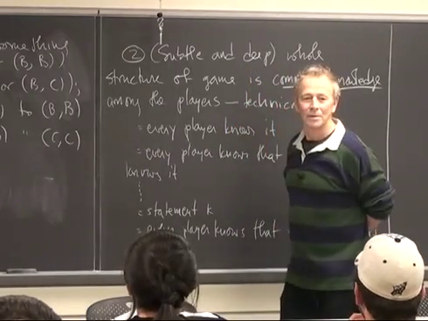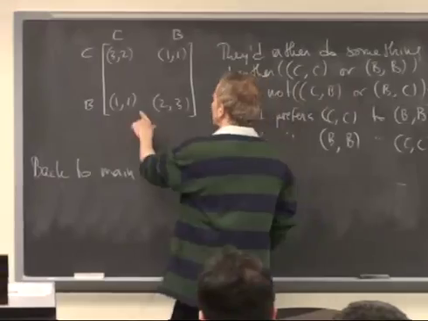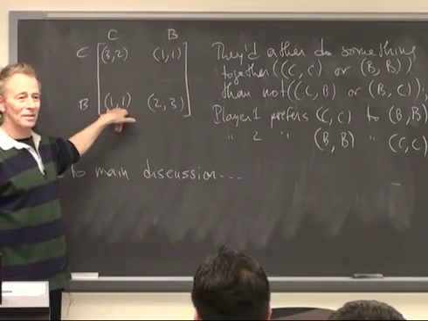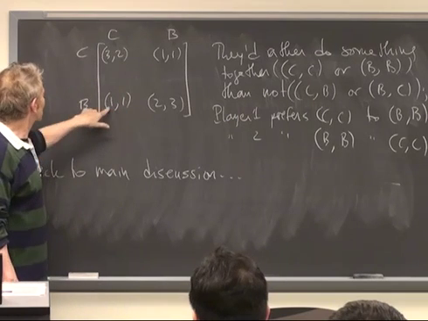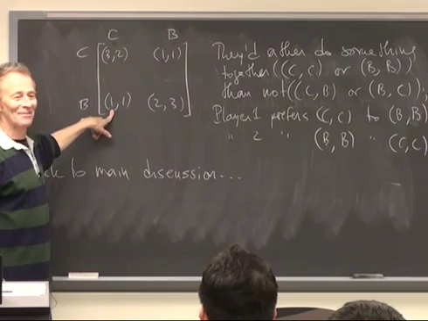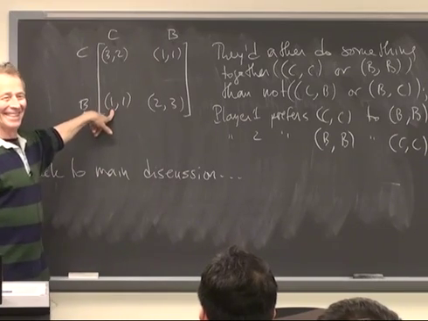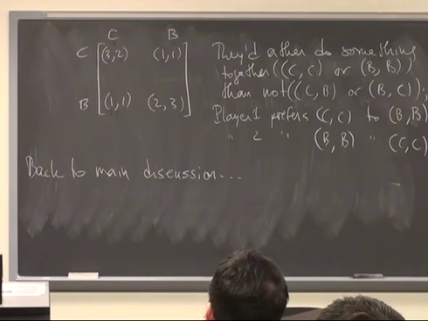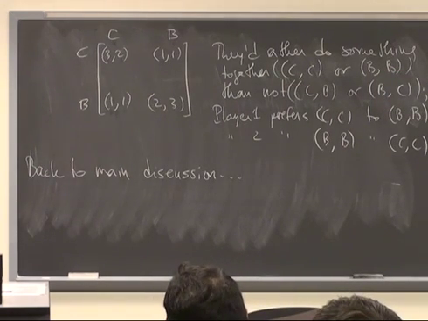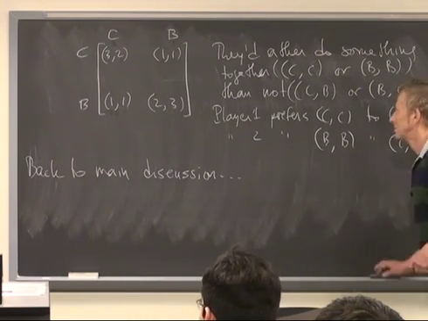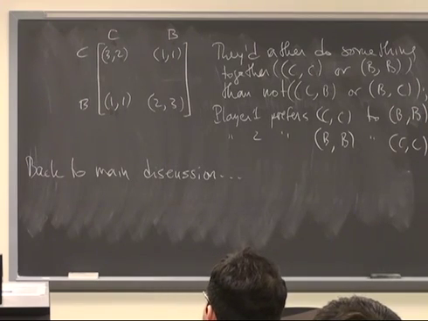He wanted this to be worse than this for both players, because in this case, each of them is going out separately to the one he doesn't want to go to. Or I should say he or she, if I want to keep it heterosexual, which is the classic way of doing this game, but there's no reason to do it that way. Okay. So back to the main discussion.